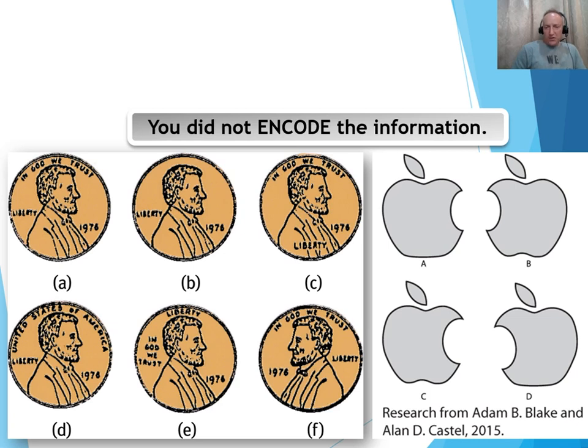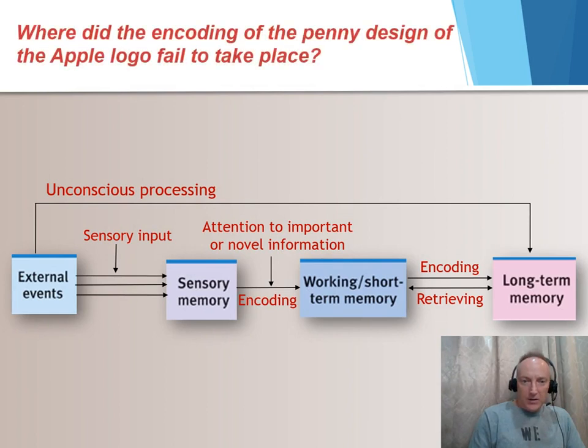If you struggle with these things that you have seen for a long, long time, why is it? It's because you sort of took it for granted. You never encoded it. You never said to yourself, let me study this penny and know where everything is and what it says in case I ever have to retrieve it again. So that's an example of encoding failure.